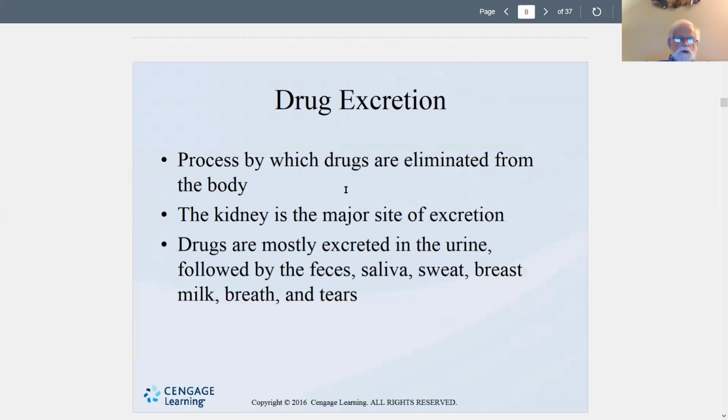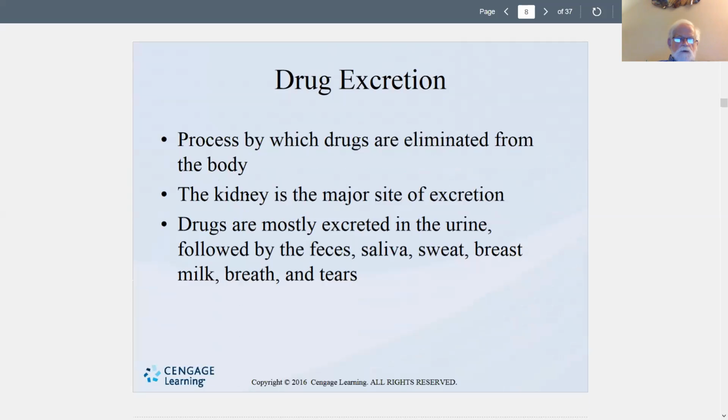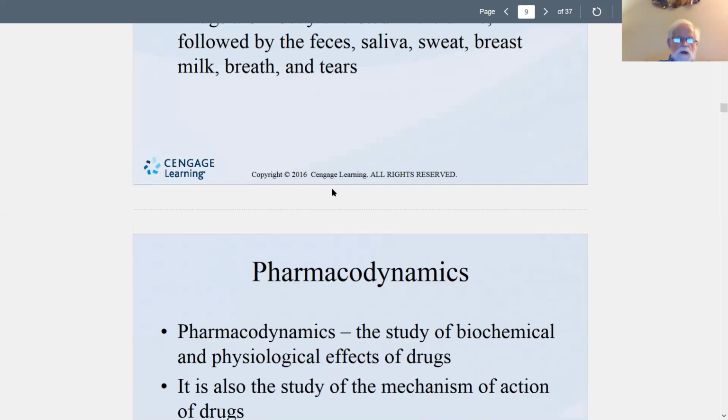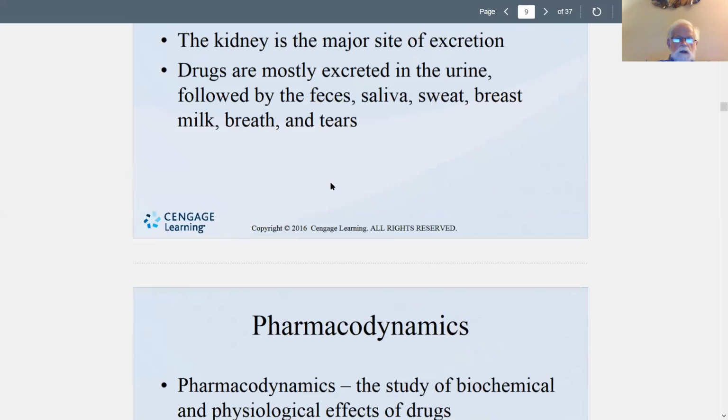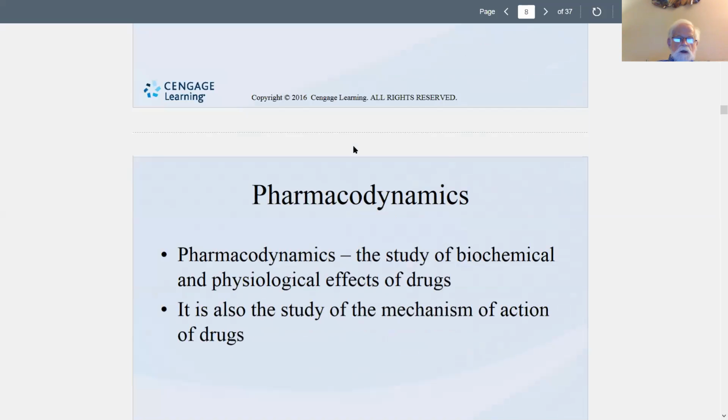And then once they are metabolized, they're excreted. As we said, the kidney was the major place, but it can be through a lot of things. We see here mostly in the urine, then feces, saliva, sweat, breast milk, obviously in lactating women, breath and tears.